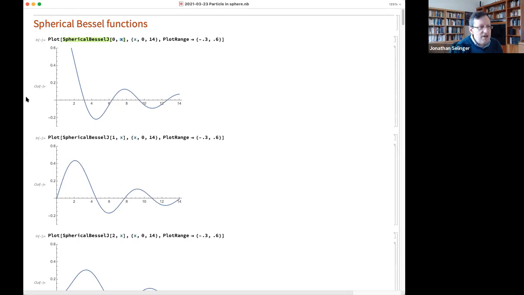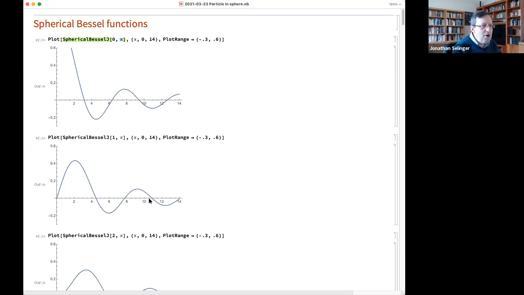In the 0th case, they are multiples of pi. It crosses 0 at pi, 2 pi, 3 pi, 4 pi, right? Nice multiples of pi. But in all the other cases, it does not cross 0 at multiples of pi. It crosses 0 at certain weird points that are not multiples of each other.